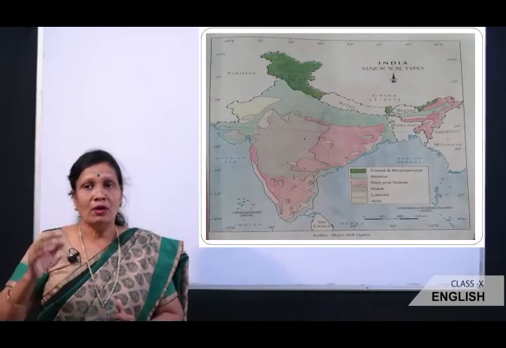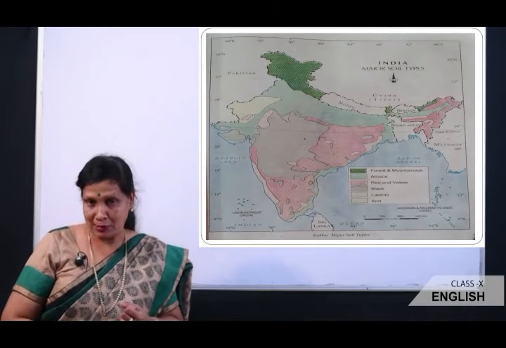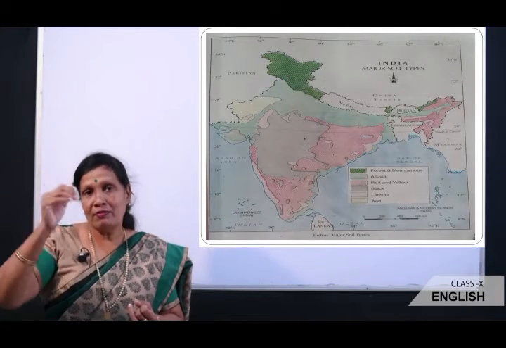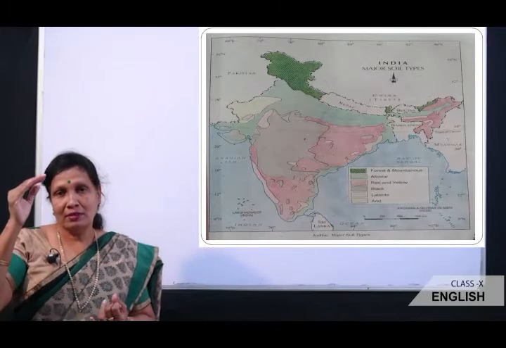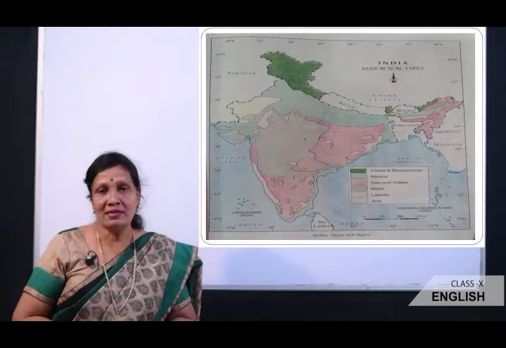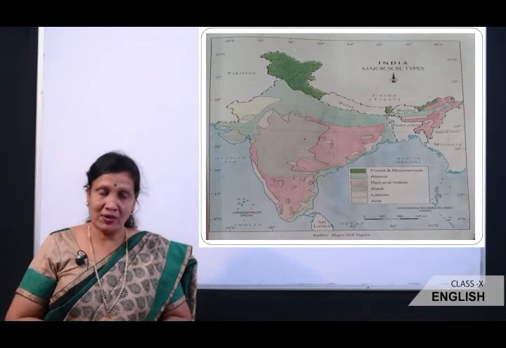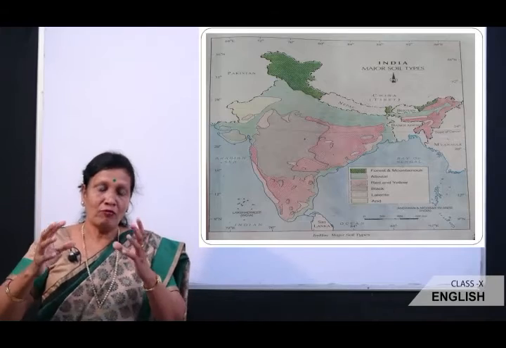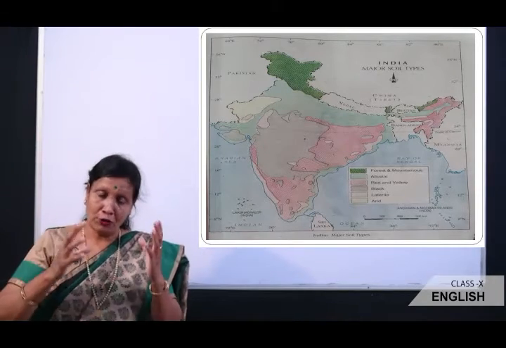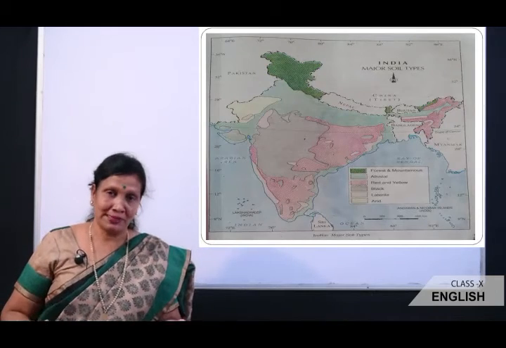As I told you, look at your geography textbook and your economics textbook. The table I took for you today was from the economics textbook: the comparison of three states in development in different sectors. When you look at the textbook, you have a lot of tables, graphs, pie charts and maps.